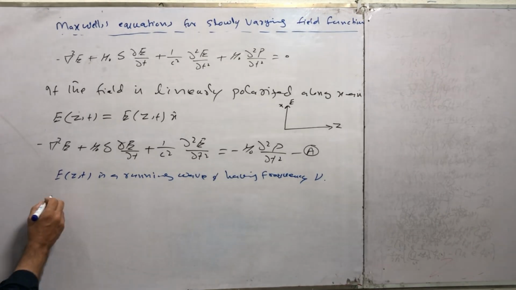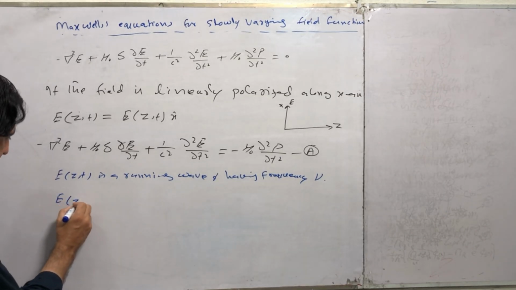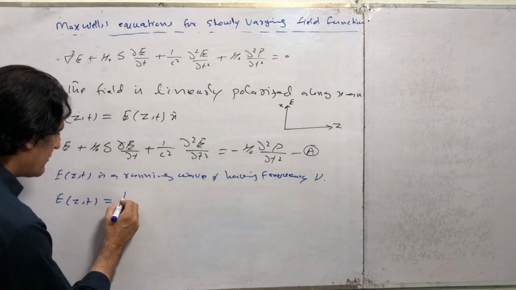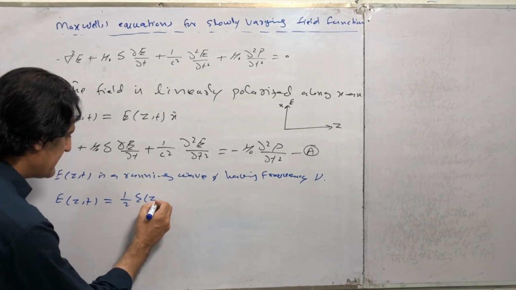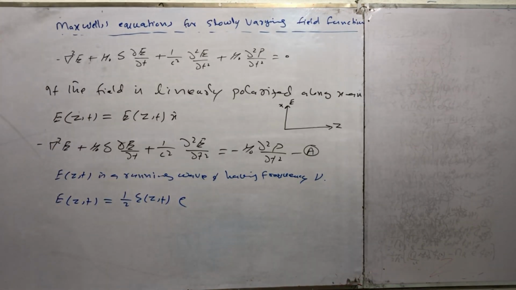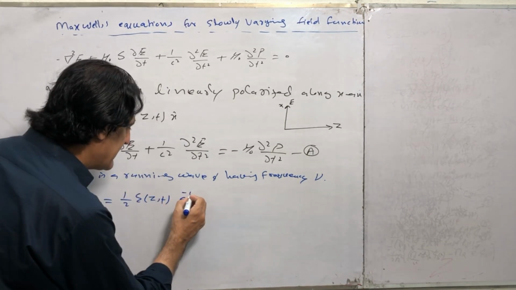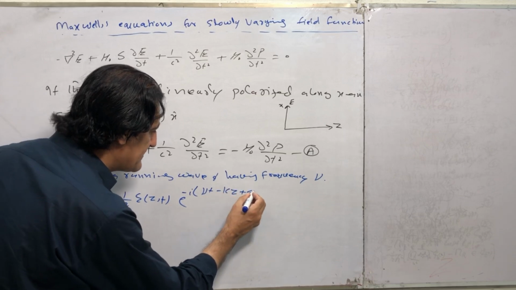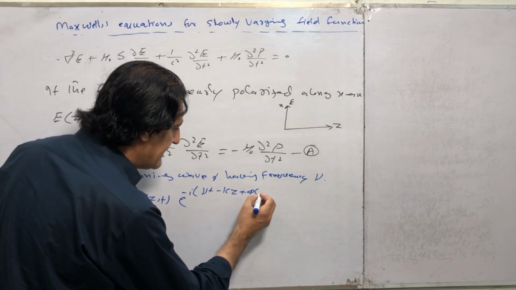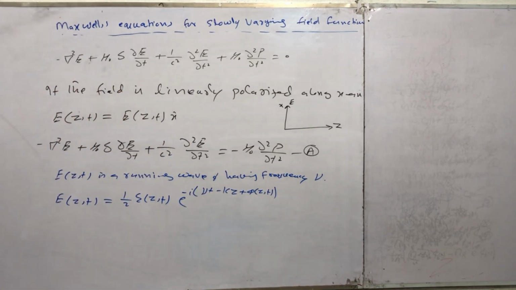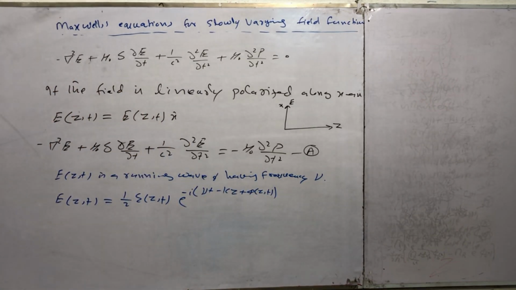Then it means that this electric field must be equal to 1 over 2 epsilon(z,t). This is the amplitude, and having a phase, exponential of minus i times (2 pi nu t minus kz plus phase), and the phase is also a function of z and t.